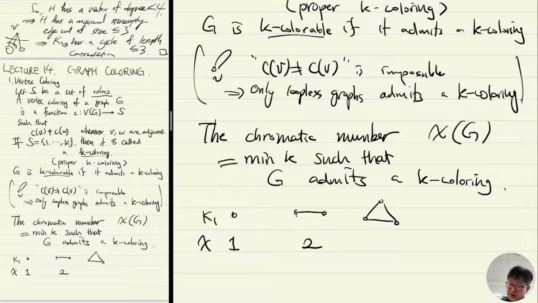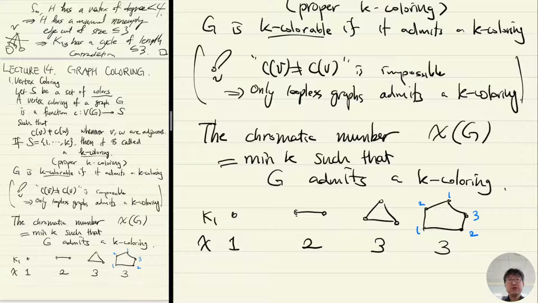If you have K3, the chromatic number is 3, all three vertices get distinct colors. If you have a C4, the chromatic number is 2. For C5, it is 3, because it's not bipartite. If I start 1, 2, 1, 2, then I cannot put 1, so it has to be 3.